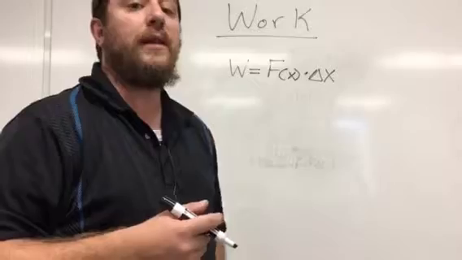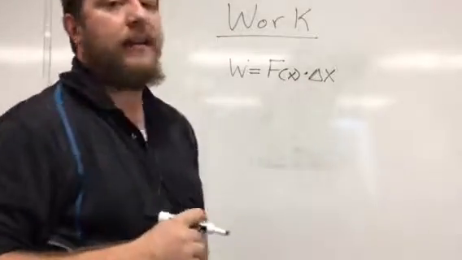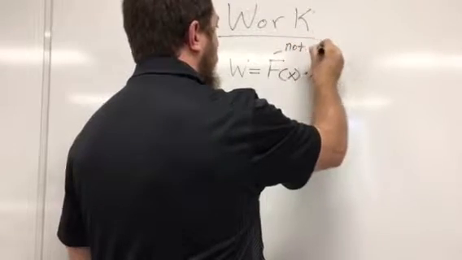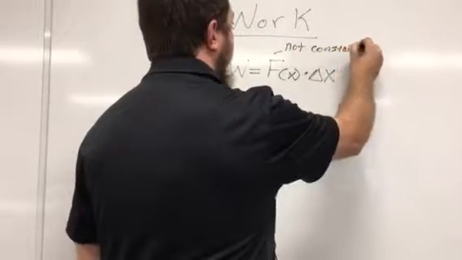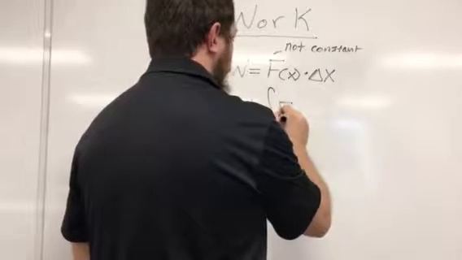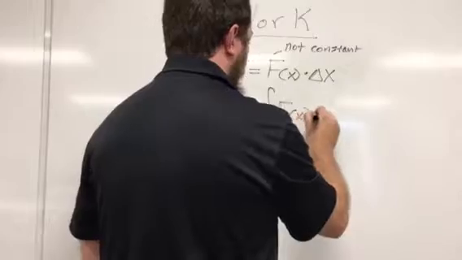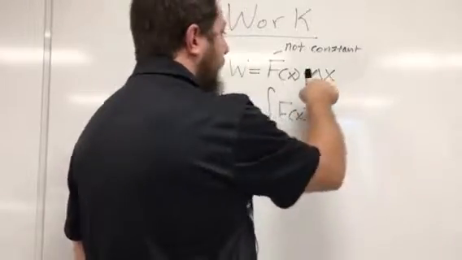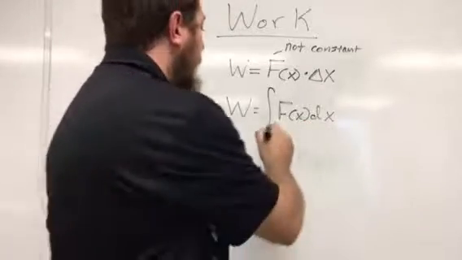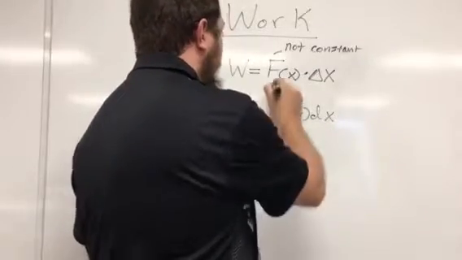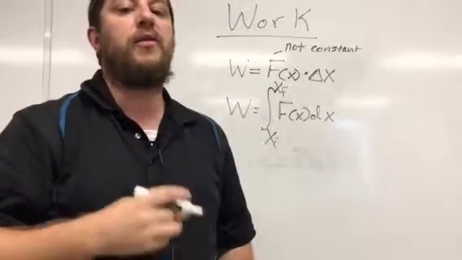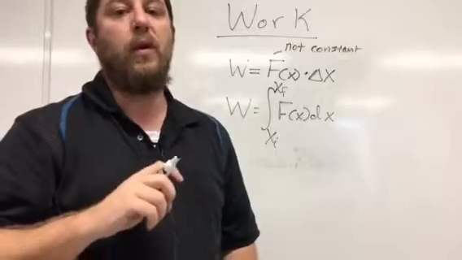So what I'm essentially going to do is integrate this function. So if F is not constant, but some function of x, then I need to integrate, and my delta x's, as they become smaller and smaller, go to dx. And I'm going to integrate this from the initial point on my path to the final point on my path, and that will allow me to then find the total work.